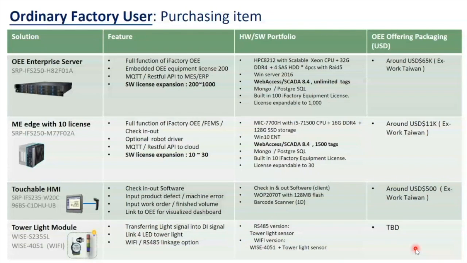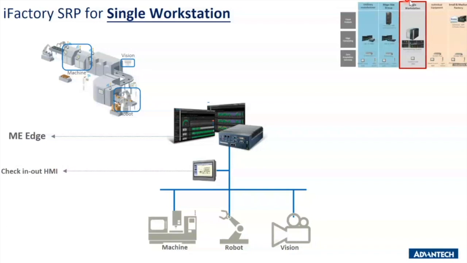Okay, so for the category of single workstation, we might be expecting some customers who would like to do some OEE for a simple production line. They may have different vision systems, robot systems, machine systems. They just need a simple HMI and a local display MES system.